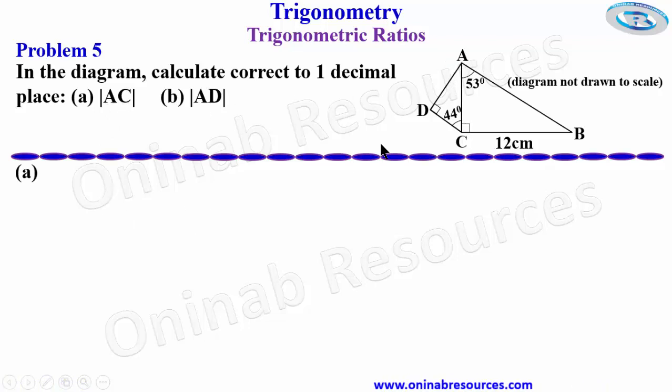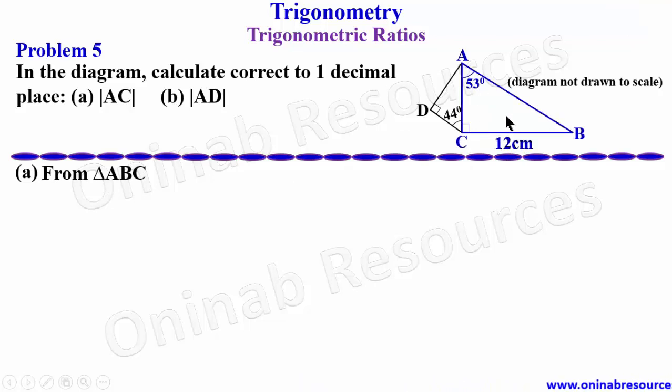From triangle ABC, we need to identify the sides. This is opposite, 12, and AC we are calculating is adjacent. So the ratio is tan. Tan 53 degrees is equal to 12 over adjacent, opposite over adjacent.